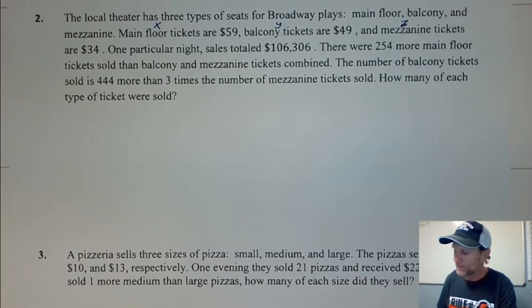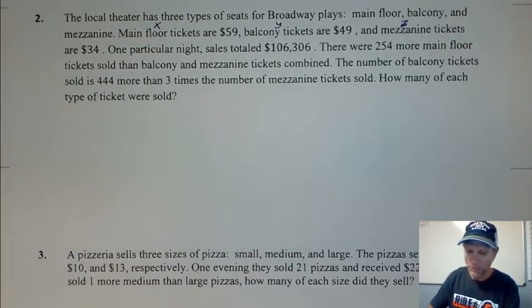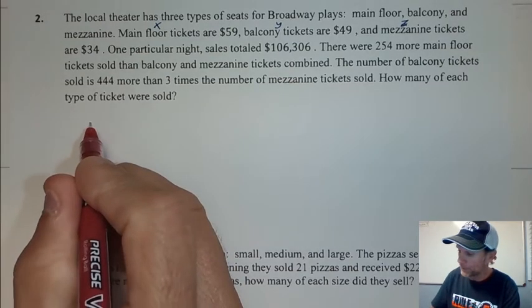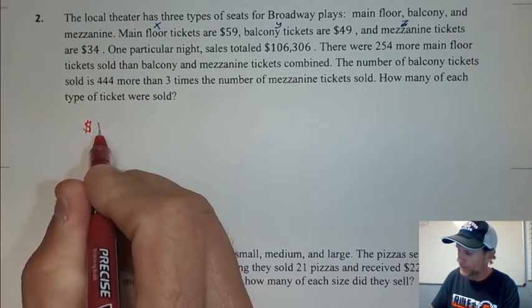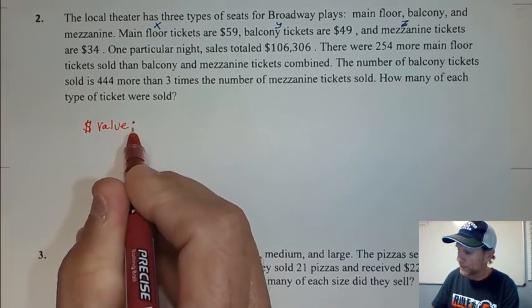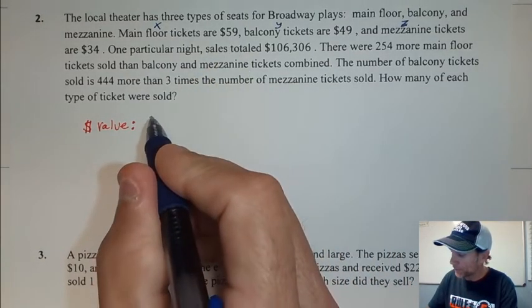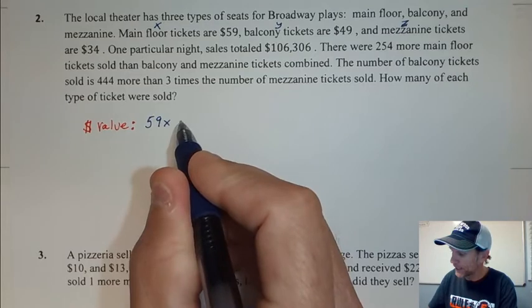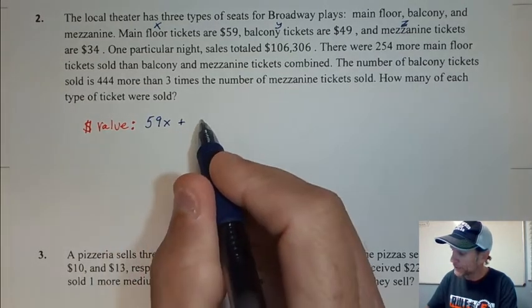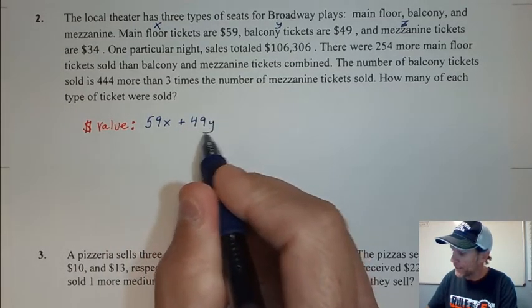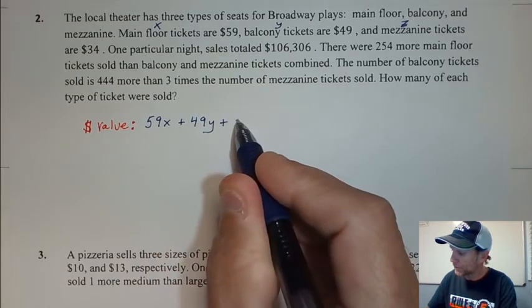Now, if we think back to 9.4, where we were working with coins and different jobs, one of the lines that we worked on for forming an equation is we worked with the money or the value. So if we look here, we want to form three equations because we have three variables. We know the main floor tickets are $59 and the balcony tickets are $49 and the mezzanine tickets are $34.